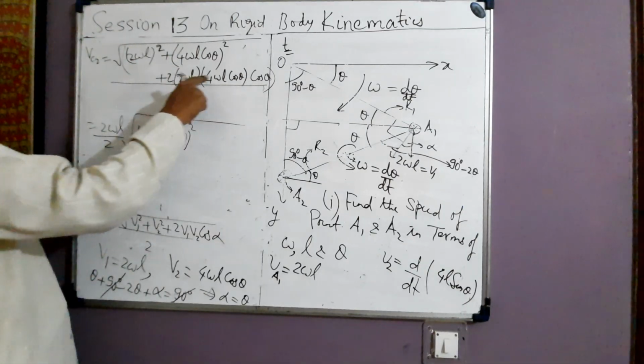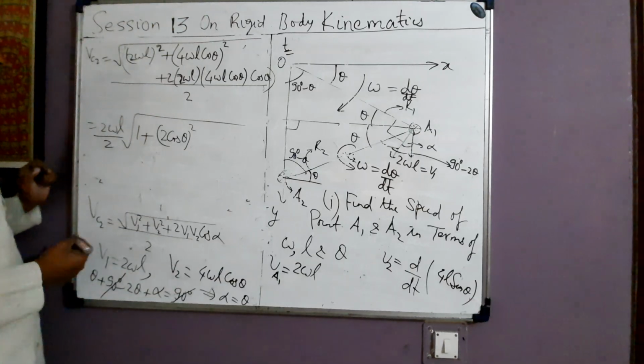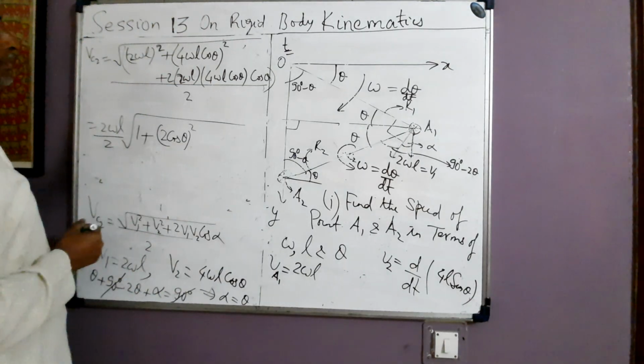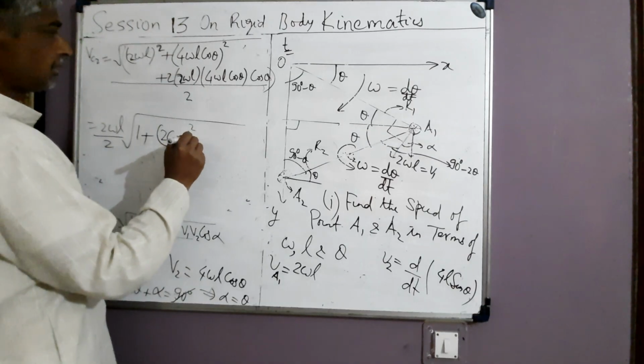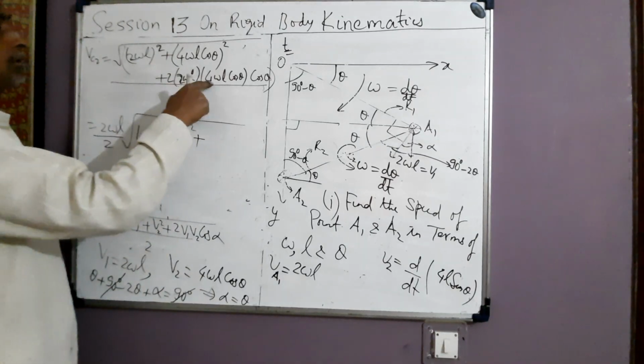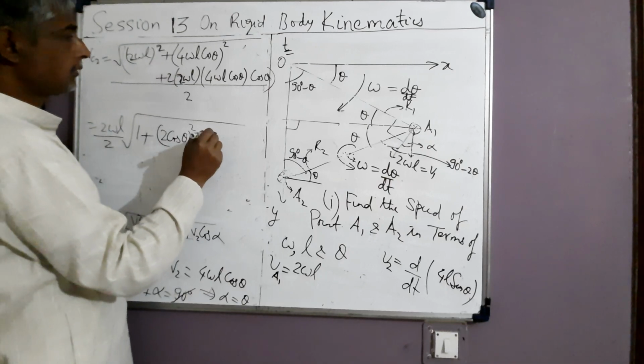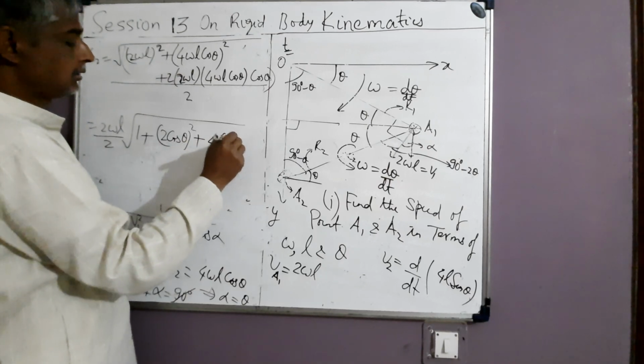And this becomes, taking 2 omega L common, 2 omega L into 2 omega L is outside. So it becomes 2 into 2, 4 cos square theta.